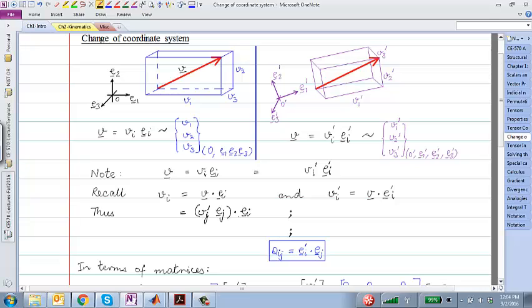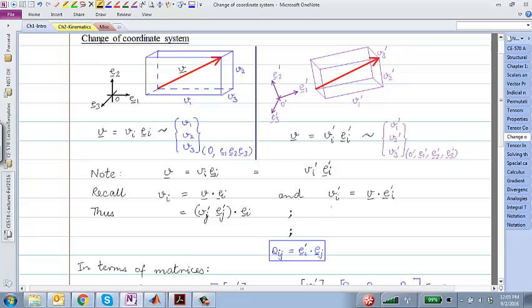First of all, what I did was to expand v in terms of the other basis vectors. Sorry, yes, ej prime. So I'm expanding v in terms of vj prime ej prime. That's v in the parenthesis, and on the right hand side I just have ei.